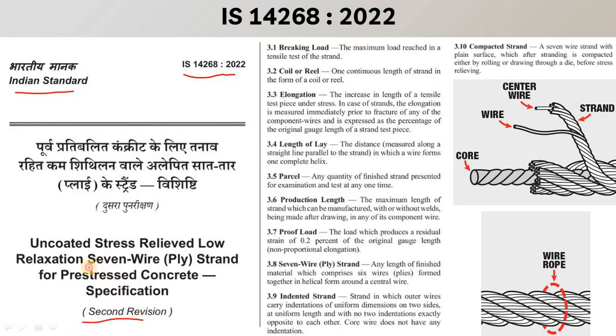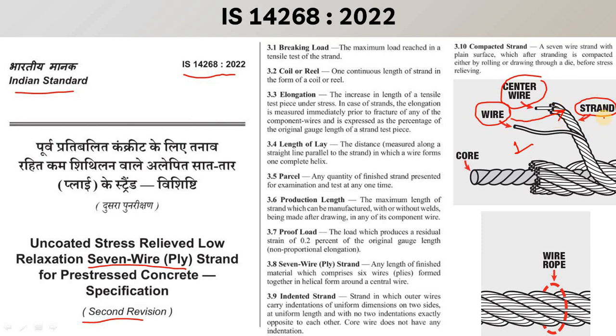Here you can see this is 7 wire ply. What is 7 wire ply? If you check figure number 1, this is the strand wire. Strand wires are made with a number of wires. There are a total of 7 wires that are twisted, with a center wire, and these wires create the strand.